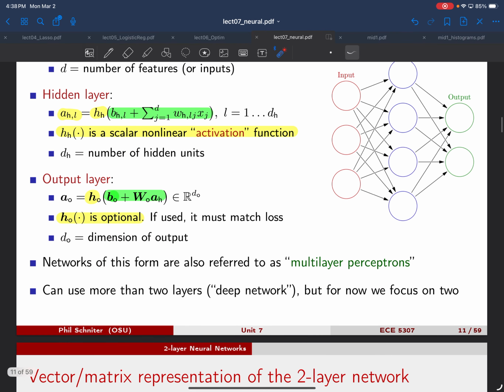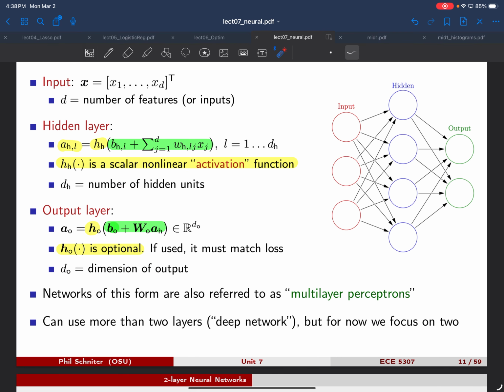If you decide to use an output nonlinearity, you have to make sure that it works with your application, with your task. So if you're doing, for example, binary logistic regression, you could put a sigma here. But if you're doing regression and trying to predict a real number and you put a sigmoid here, then this is only going to allow outputs which are between 0 and 1. So you'll never be able to predict anything outside that interval.